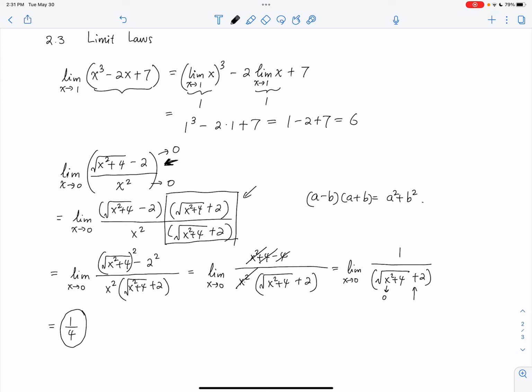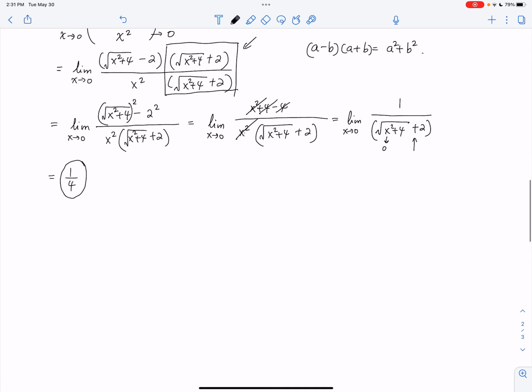All right, so that's one example. Another case we see quite often is if you have a quotient of two polynomials, as in this example.